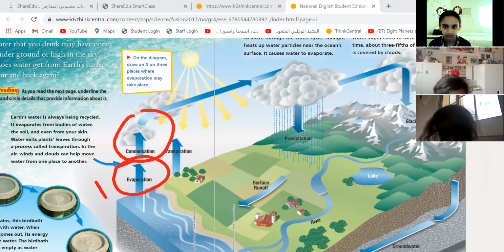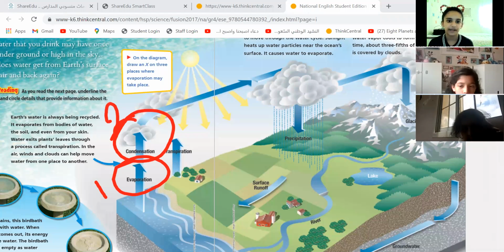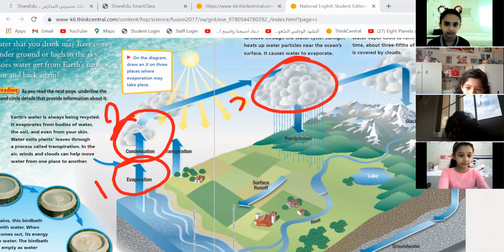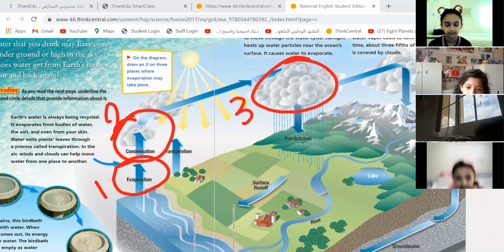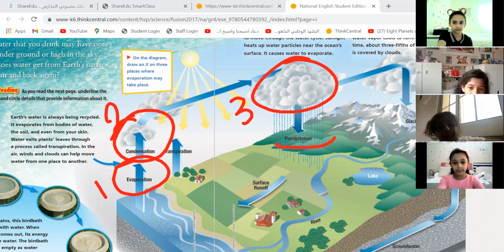Excellent. Condensation means what? Can you explain to me? It forms a cloud. Excellent. Talia, when the clouds are really heavy enough and big enough, what will they make? Rain. Excellent. And what do we call the rain?